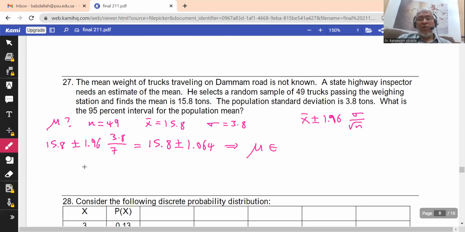So mu will belong to the interval 15.8 minus 1.064, which is 14.736, and 15.8 plus this number, which is 16.864.